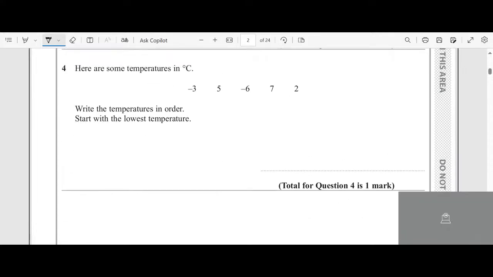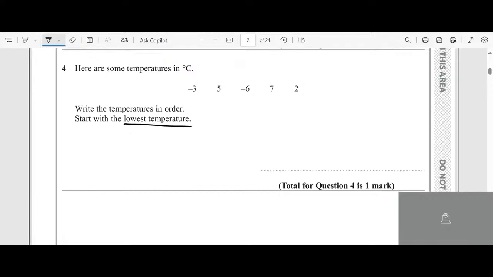Then here are some temperatures in degrees: -3, 5, -6, 7, and 2. Write the temperatures in order, starting with the lowest. When you are dealing with integers, the smallest value is the one with the largest negative.